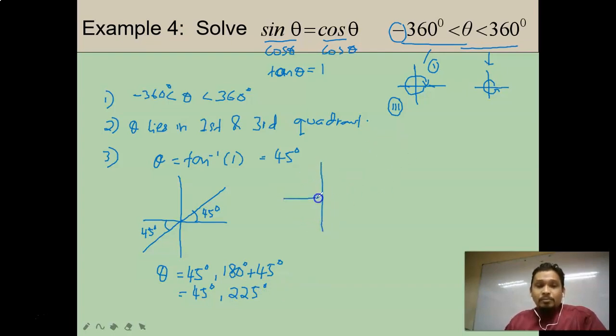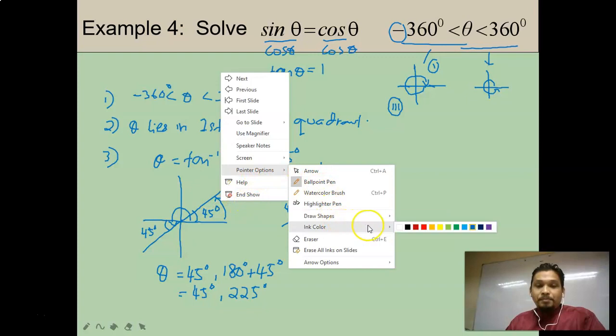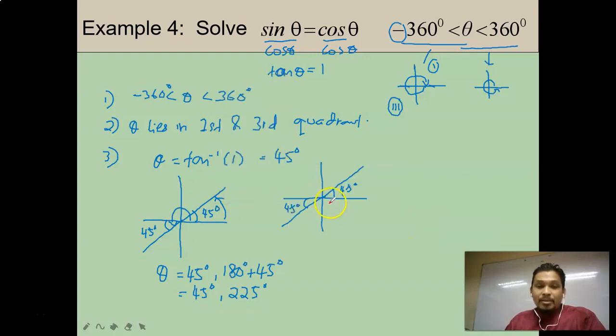Okay, for negative 360 degrees, from here and also here. So what about the next case here? For negative 360 to 360, meaning here we are going to look backward.